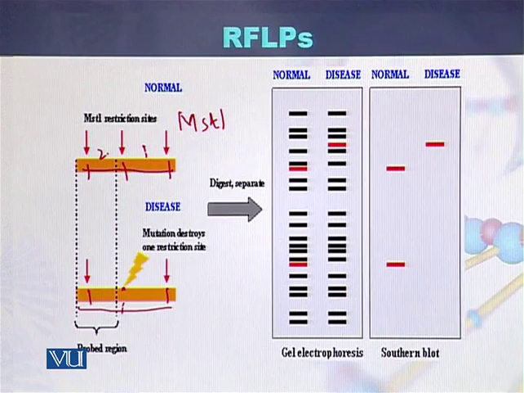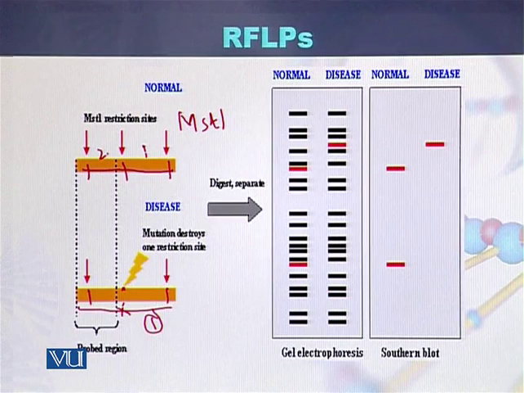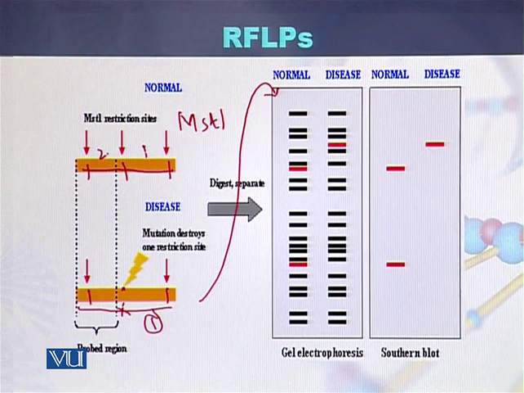If we digest the DNA of the individual who has the disease, it will produce a single fragment. In case of normal, it was producing two fragments, but in the individual with the disease, the DNA will produce a single band. We can see that here in the normal and the disease.